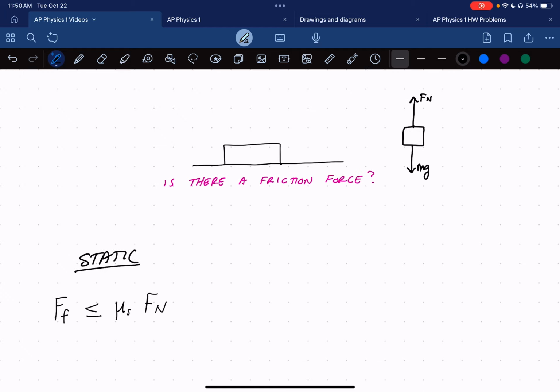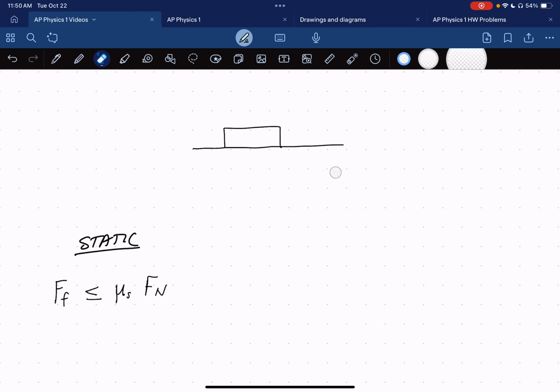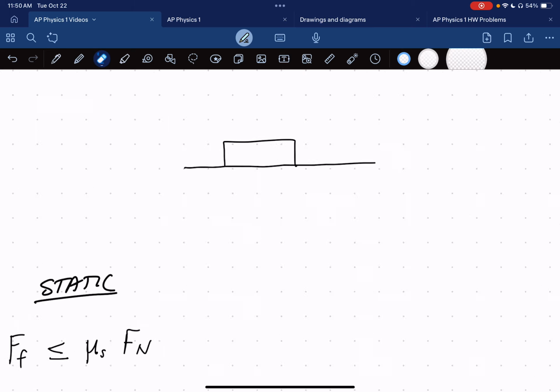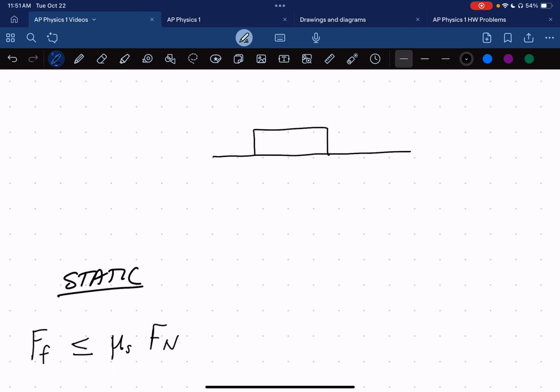Let's talk a little bit about static friction. And so let me erase this. Again, let's go to the example of maybe your dresser in your bedroom. And here, I'll represent that with this picture right here. So you're in your bedroom and you're pushing on your dresser, right?